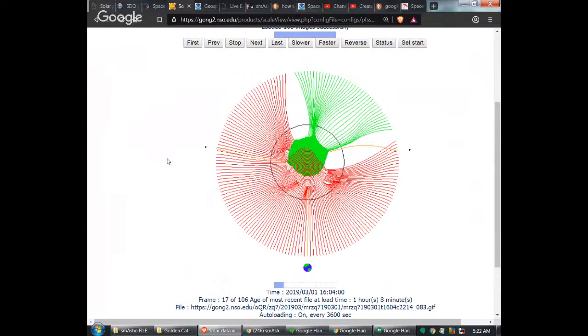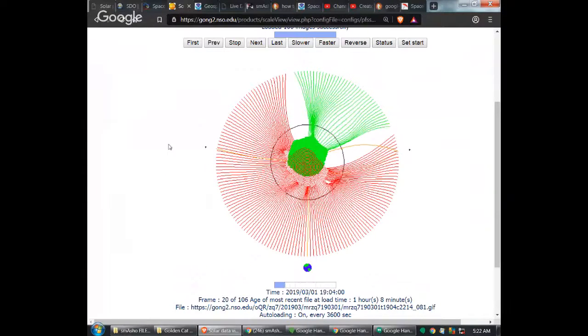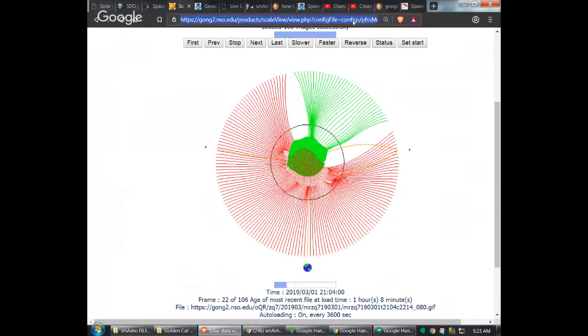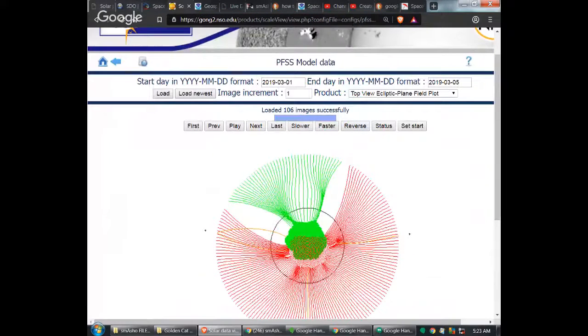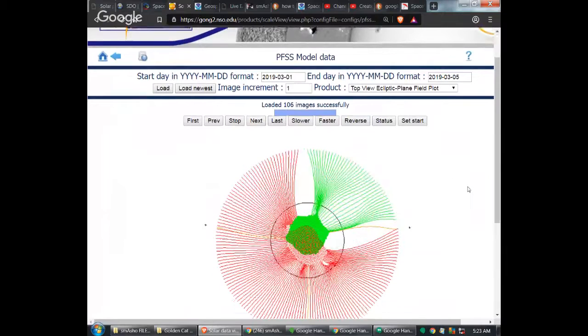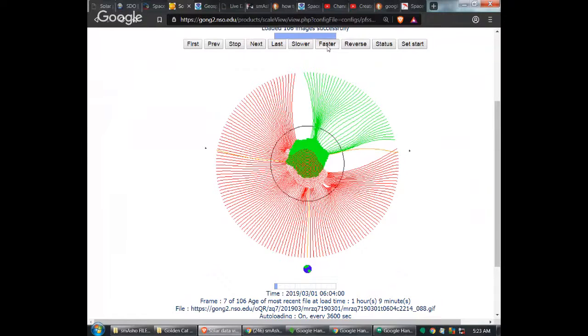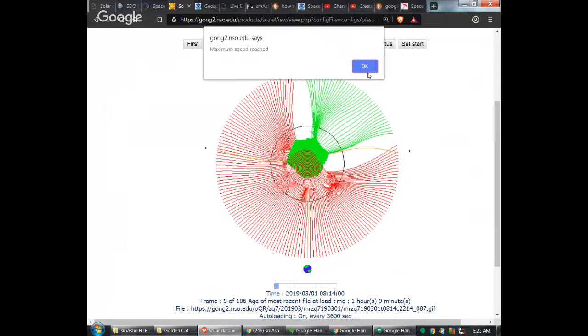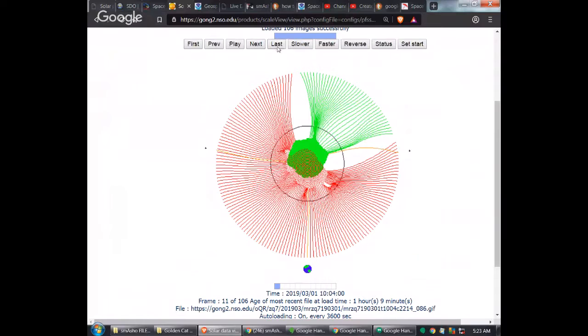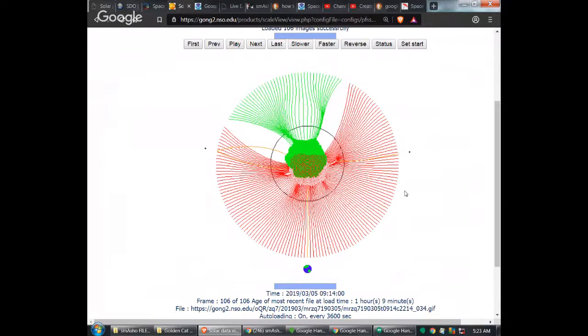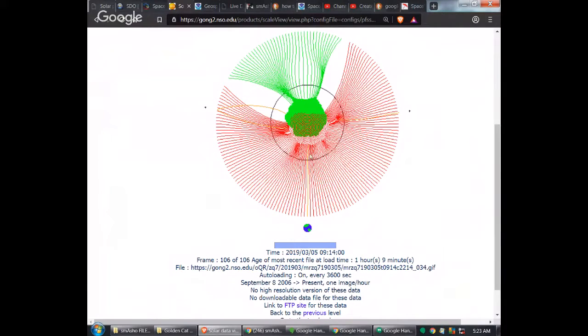Okay, I don't know why it's playing so slow. Let's refresh that. That is weird. All right, well, let's just look at the last frame instead. Anyway, it looks like magnetic smooth sailing here. You don't see any big undulations, although this active region here does have some potential.